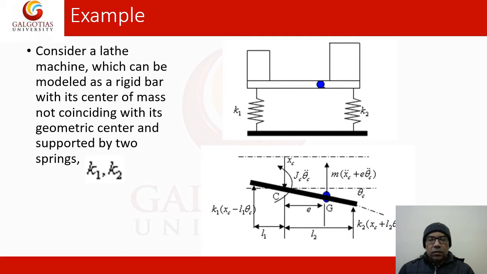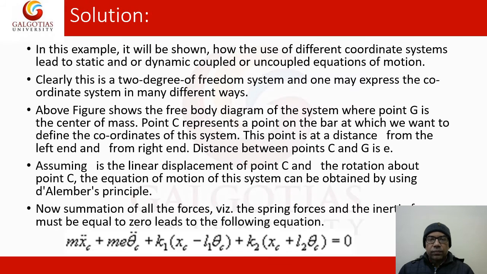This is the reaction force by the spring, which will be K1 (x minus L1 θc) and K2 (xc plus L2 θc). This is the inertia force acting upward, and this is the spring force which is also acting upward, and this is the reaction force which is acting downwards.